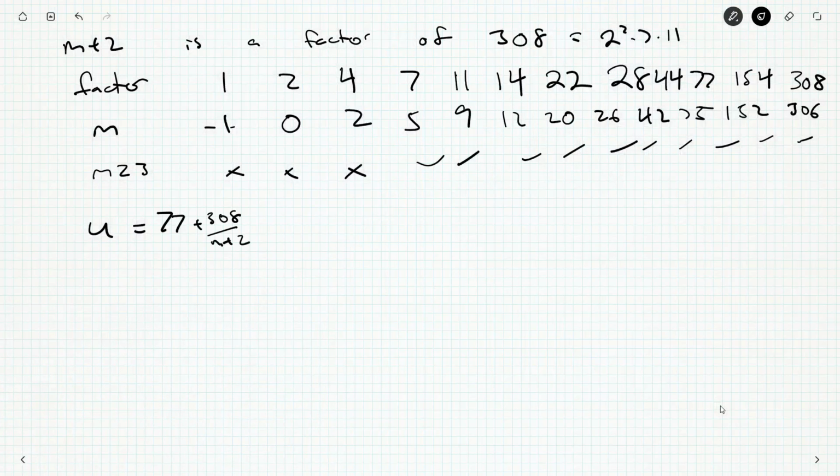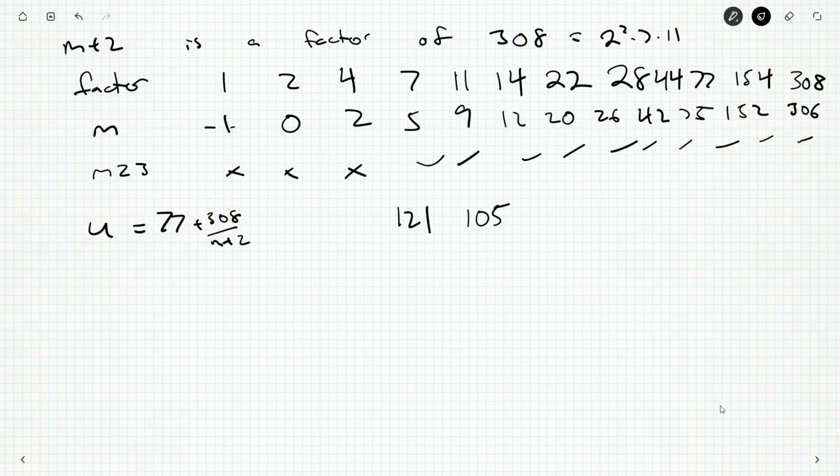So 77 plus 44 is 121. 77 plus 308 over 11 is 77 plus 28, that'll be 105. We can keep going.